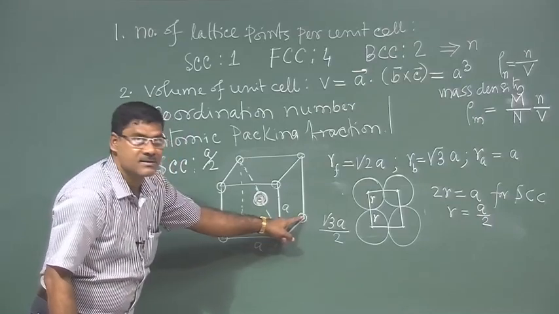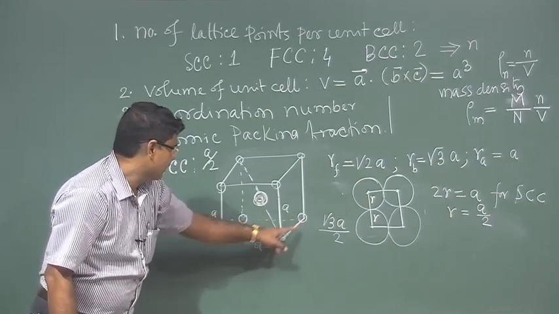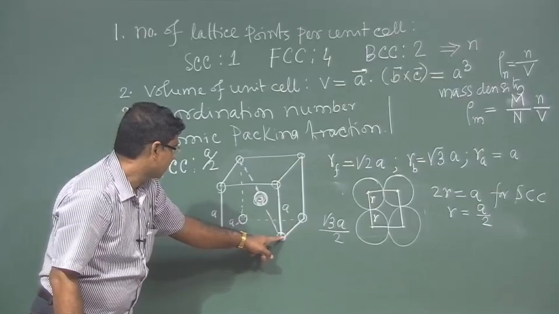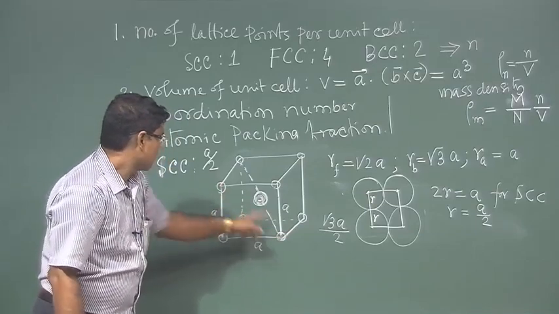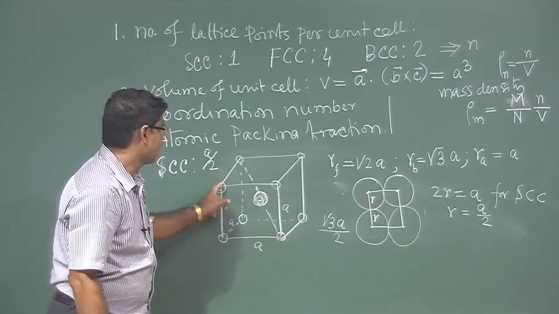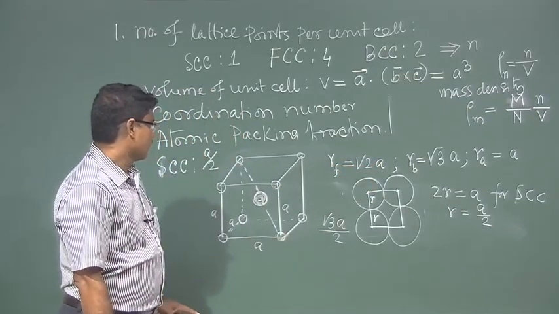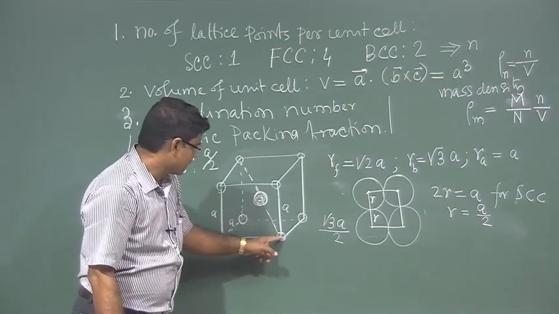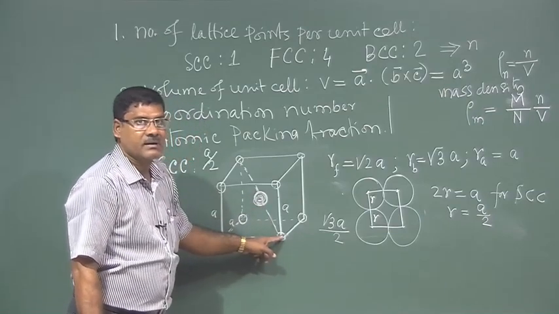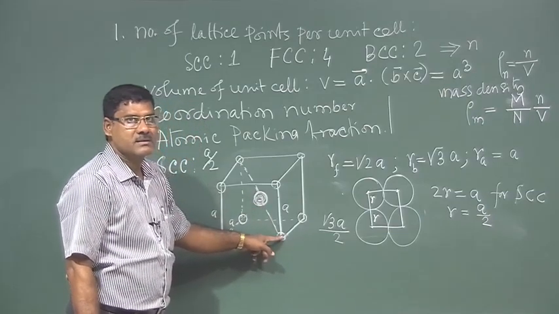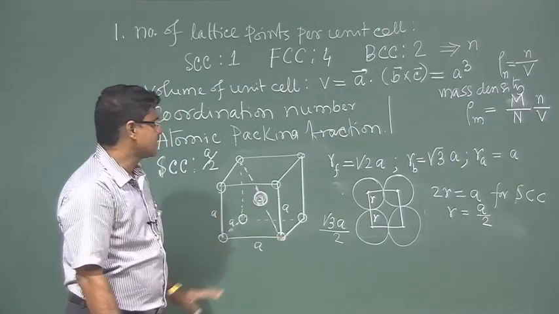So this distance of this one will be a, and in case of these two, it will be root 2a. So this will be the smallest distance in this BCC lattice.